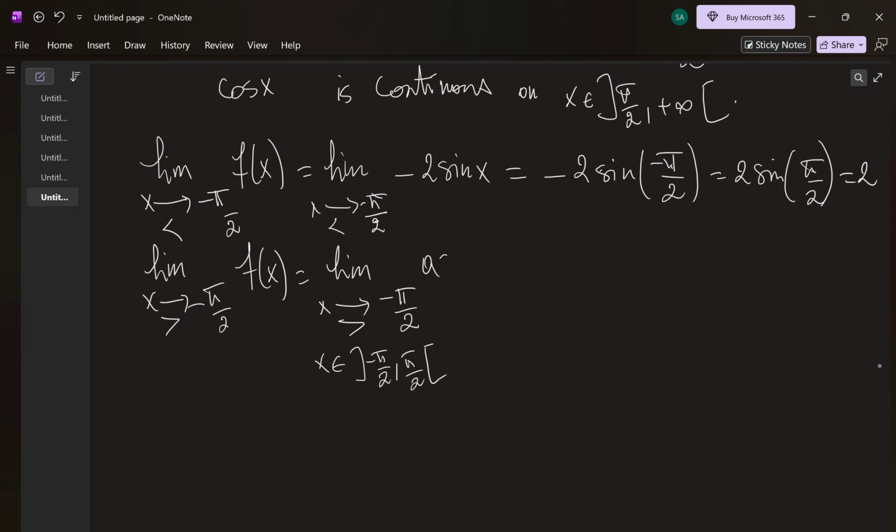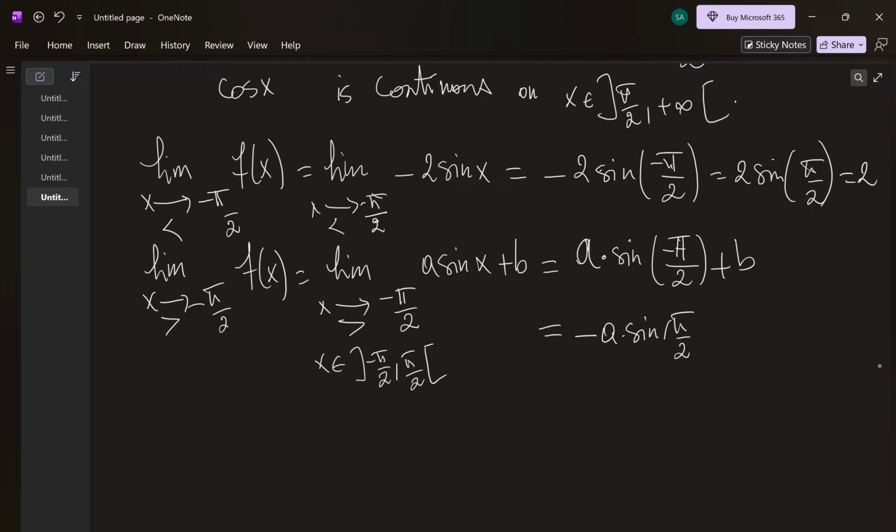Here we have a sine x plus b, which becomes a times sine of minus p over 2 plus b, which is equal to minus a sine p over 2 plus b, which is equal to minus a plus b, so it is equal to b minus a.